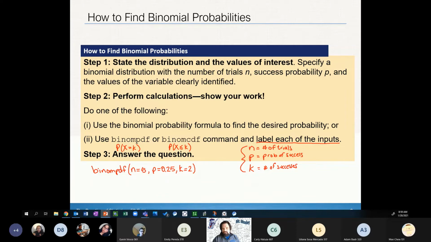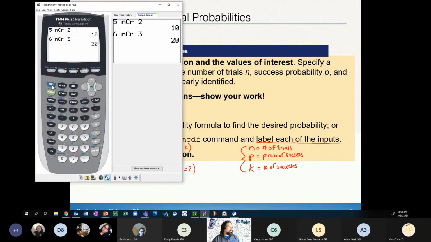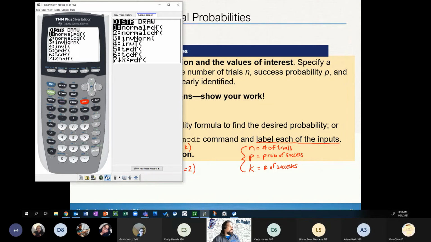Now on your calculator, to find these, you go to second and then hit the button that says vars. Right above it, it says distr, distribution, and we get this list of things. This is also where you find the normal PDF, normal CDF.